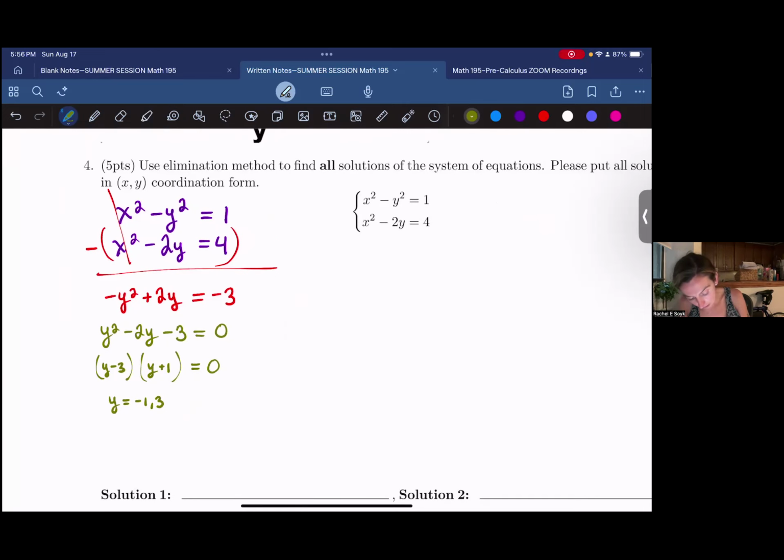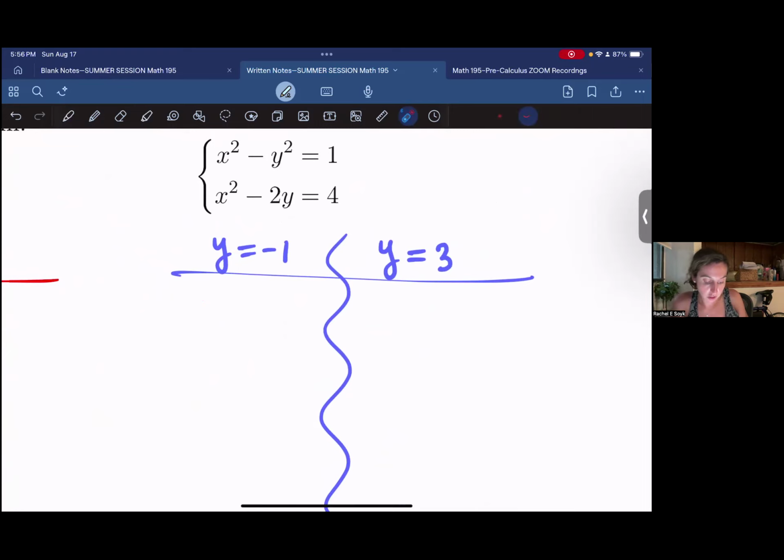Now let's plug these back into either one of these equations to figure out all of your potential x values. So I'm going to create maybe a little t-chart here when y equals negative 1 versus when y equals 3. Does not matter which equation you use. I'm going to go ahead and use the second one.